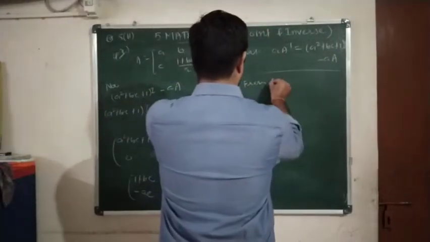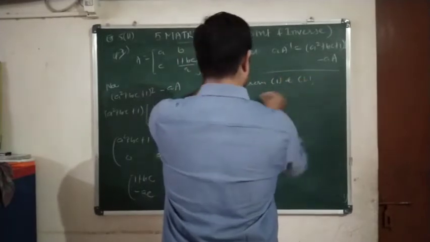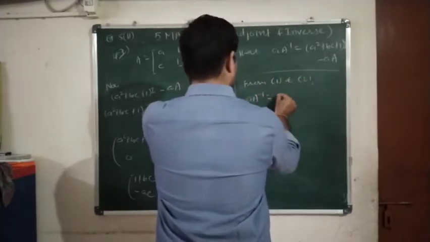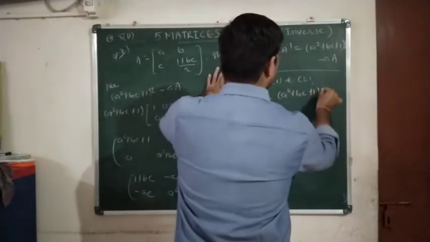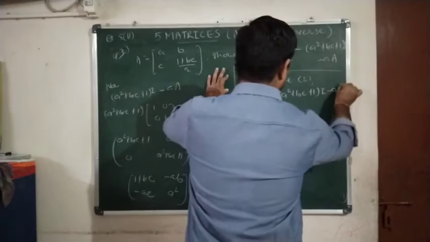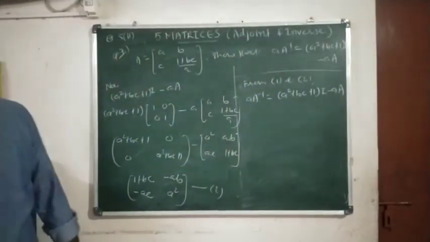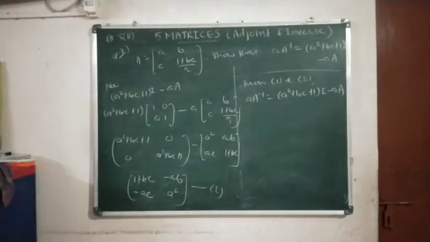Therefore from 1 and 2 we can say that A into A inverse is equal to (A square plus BC plus 1) into I minus A into A. Okay, so this question 7 is also done. Now let us solve the next question.